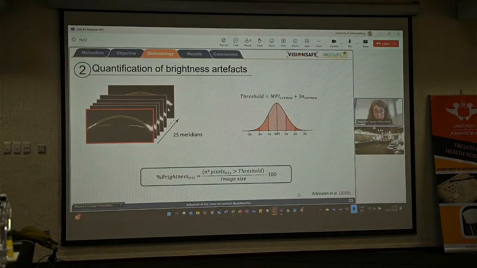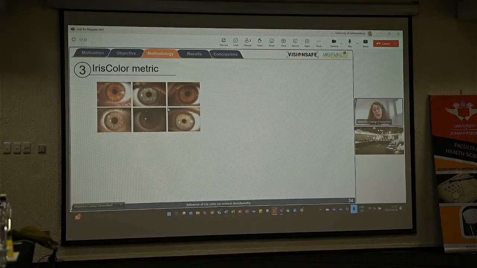So with this simple equation, we were able to quantify which pixels from the image could be considered noise, as a brightness artifact, and which not, in a given percent. We have different meridians per eye, per measurement, so what we do is average them to have only one data point per eye. And we move on to the slit lamp and to these images.